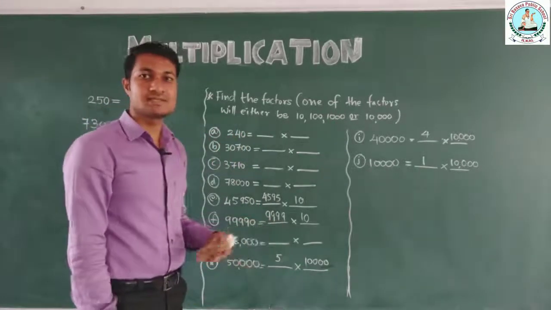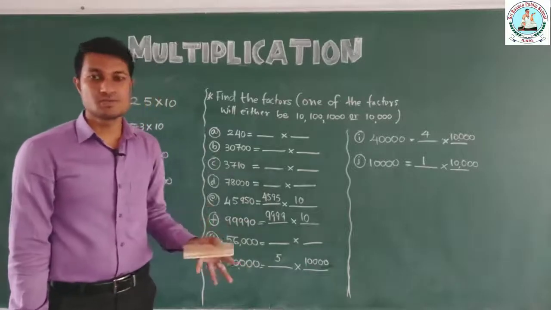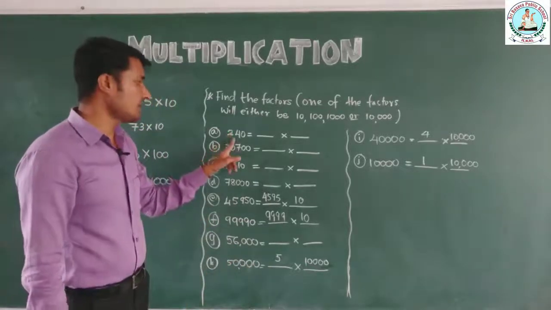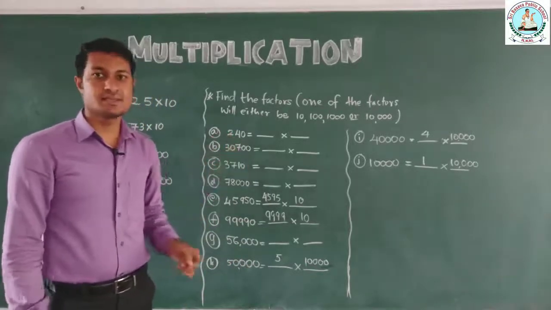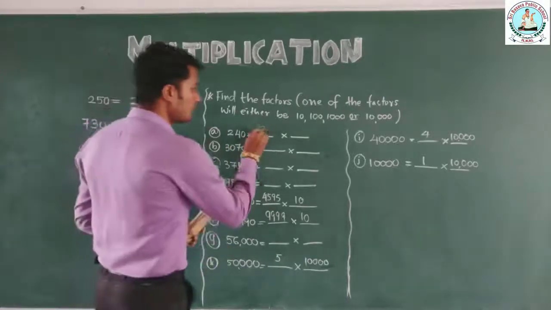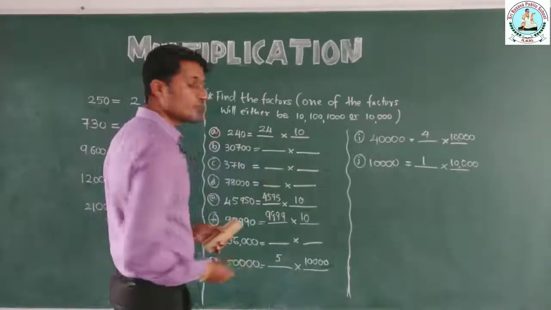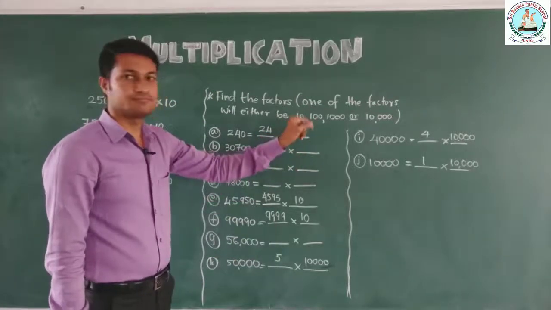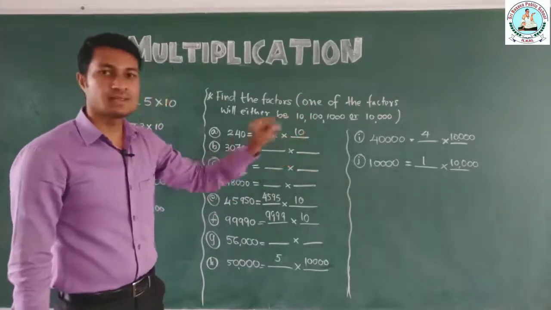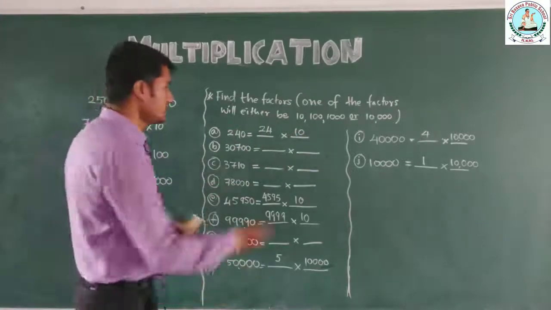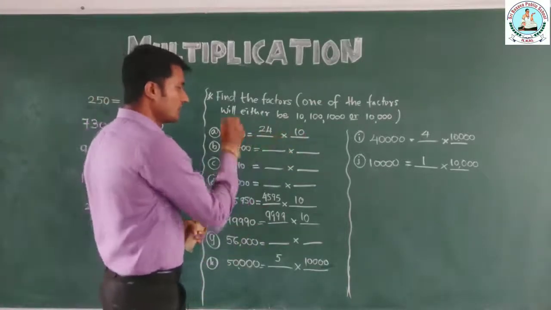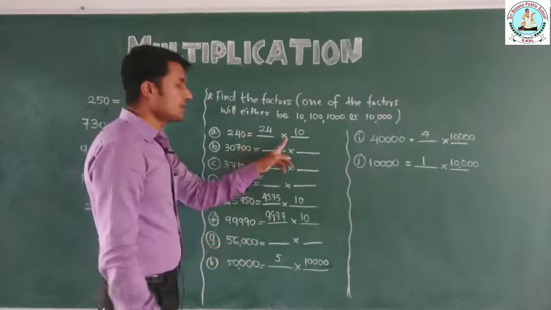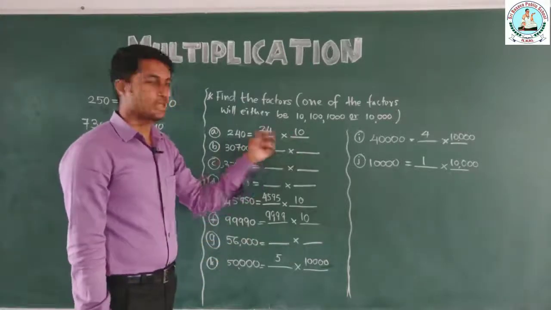There are many ways, but the best way of expressing in terms of tens is 24 times 10. Why? Because one of our factors must be either 10 or 100, right? So that is why we have to take that into consideration. So 24 times 10 will give you 240, and you can say that there are 24 tens in 240 rupees.